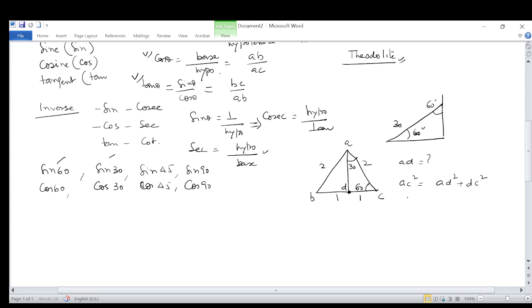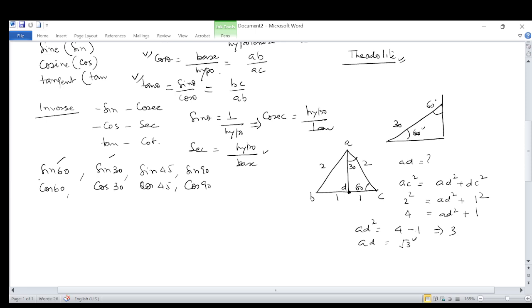AC square is 2 square, AD we do not know, DC we know is 1 square. So 4 is equal to AD square plus 1, or AD square is equal to 4 minus 1, which is equal to 3. So AD is equal to under root 3.